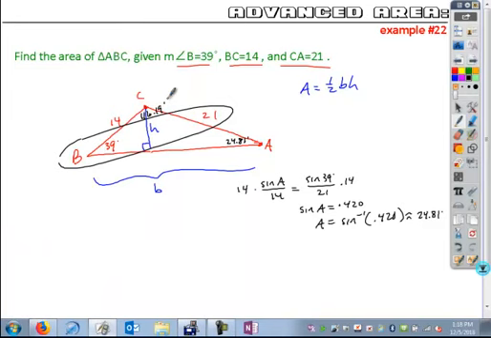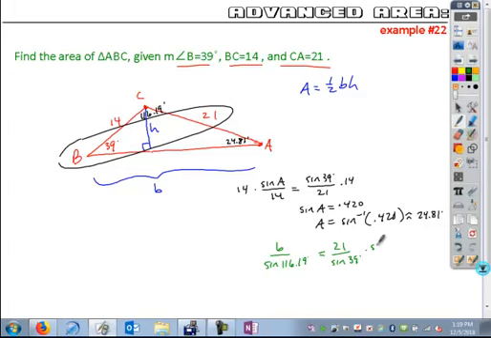So there's my angle C, and this allows me now to find my side B by using law of sines one more time, this time with my side B on top of the ratio. So B over the sine of the angle opposite it, the 116, set equal to the same known ratio, only this time the pieces get flipped: the side on top over the sine of the angle opposite it.